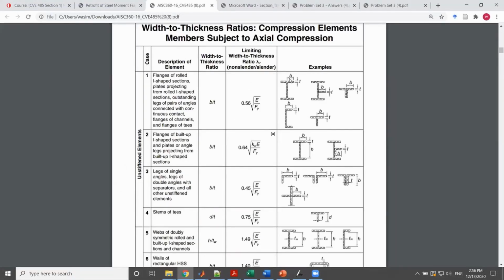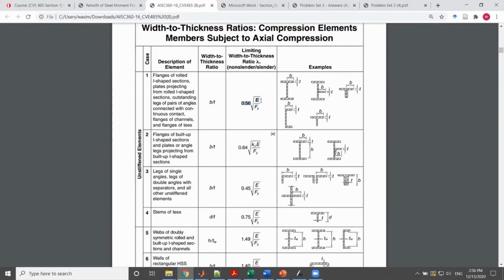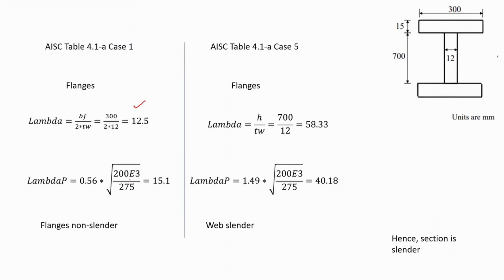Sorry, this is your b in here and that's your t. Okay, so we check lambda, it appears to be 12.5. What about lambda p? Lambda p as given to us in here, 0.56. So multiply that, you get lambda r to be exact, lambda r appears to be 15.1. Therefore, since the lambda is less than lambda r, the whole flange is non-slender.